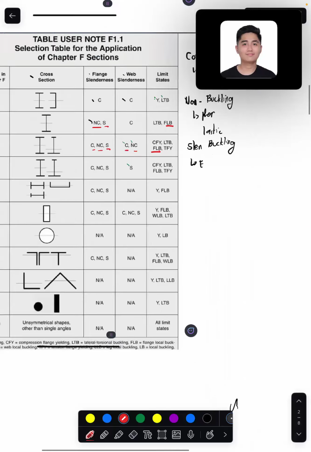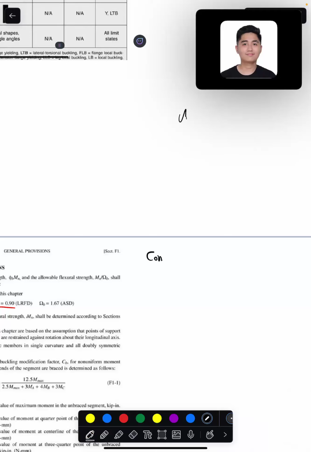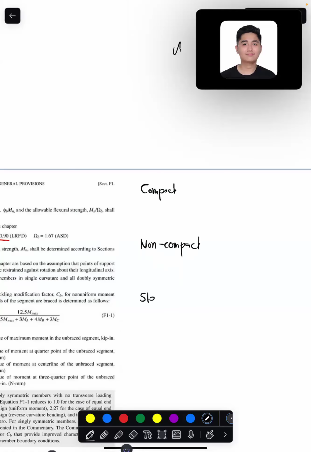We need to identify whether you have compact, non-compact, and slender. So, how do we determine this? Again, for the flange, you have a width to thickness ratio of the flange.